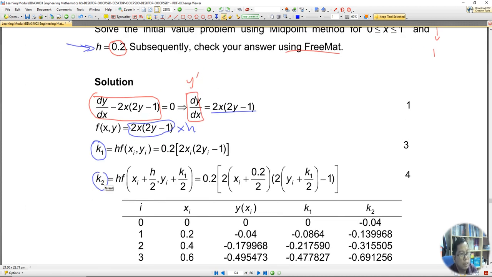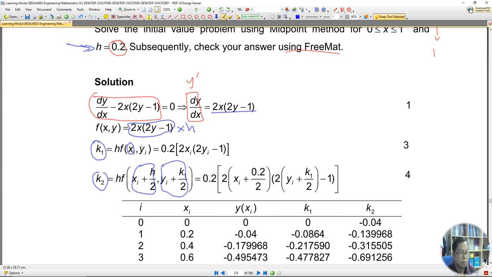And then for k2, you have to do some substitution, where we multiply h with the function of x, where x itself you should plus h over 2, and for y you have to plus k1 divided by 2.